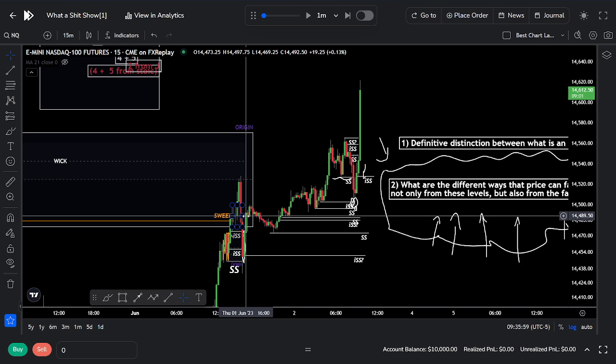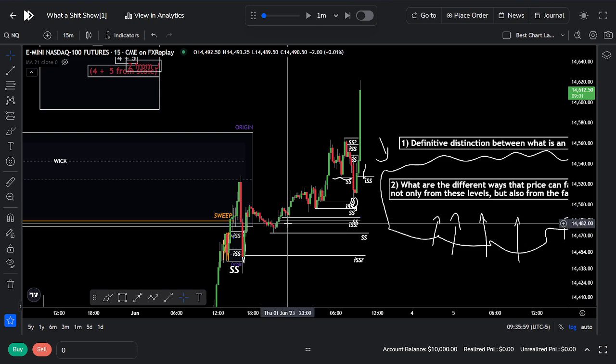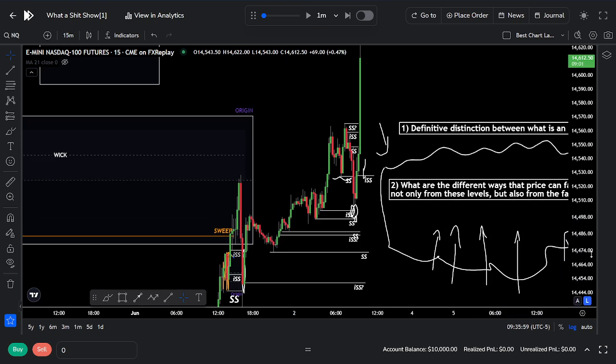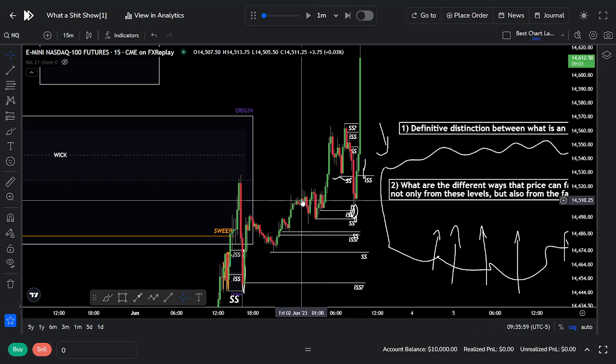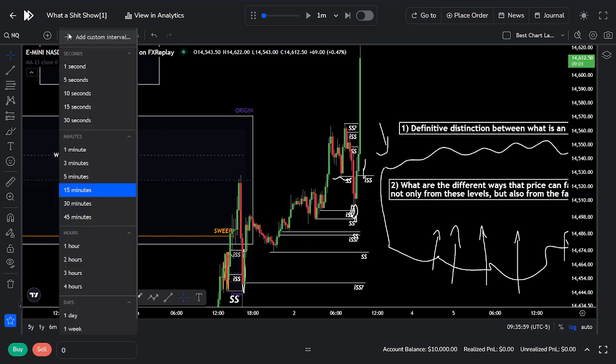So this is a 15-minute area, but it's not a valid 15-minute area. Neither is this. So these are all order flow areas, areas facilitated by order flow.